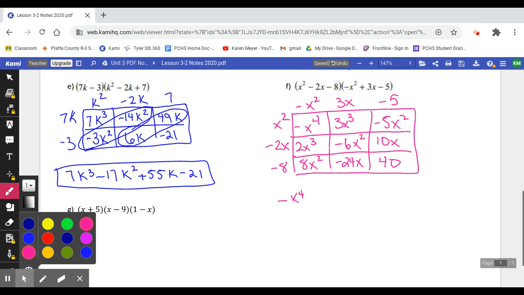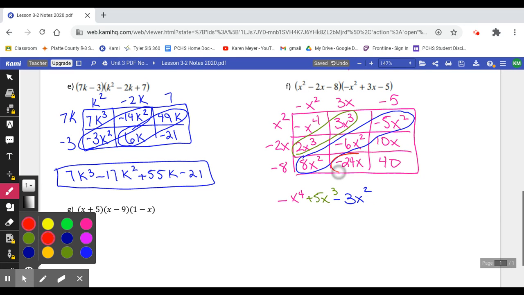So negative x to the fourth power. Then I've got some like terms here. 2x to the third plus 3x to the third gives me positive 5x to the third. 8x squared minus 6x squared minus 5x squared will give me negative 3x squared.